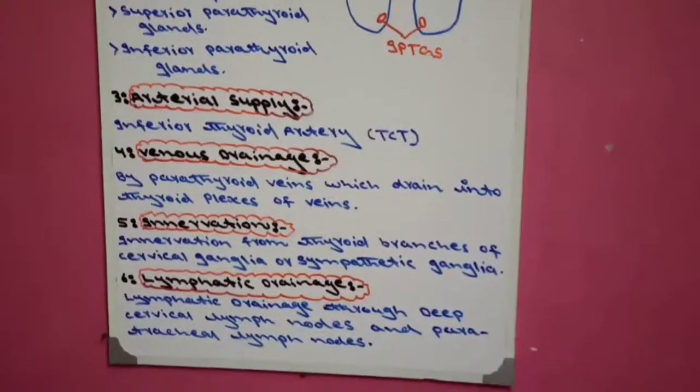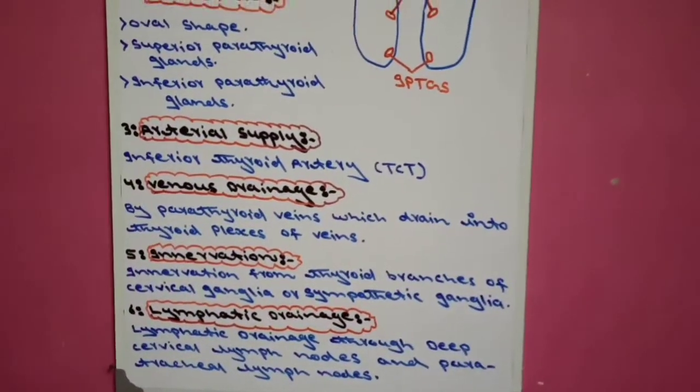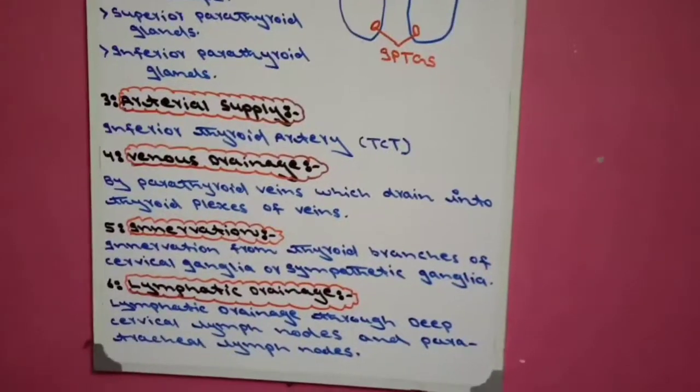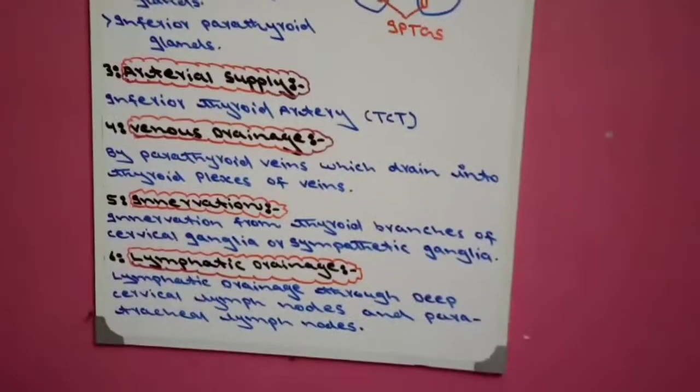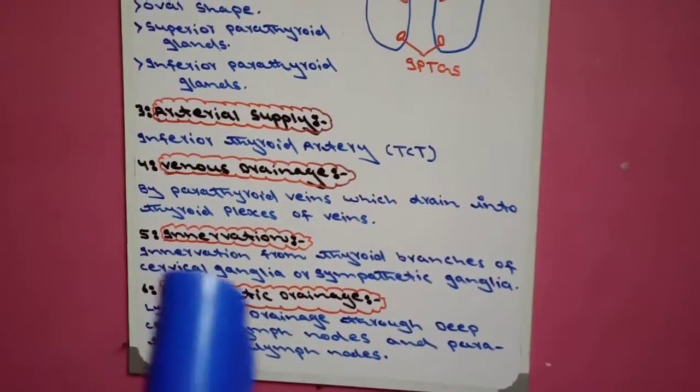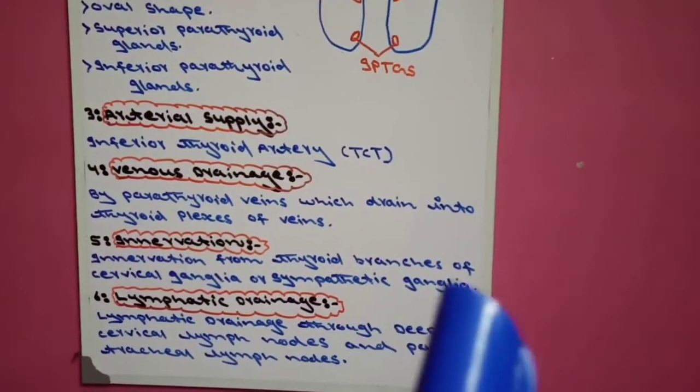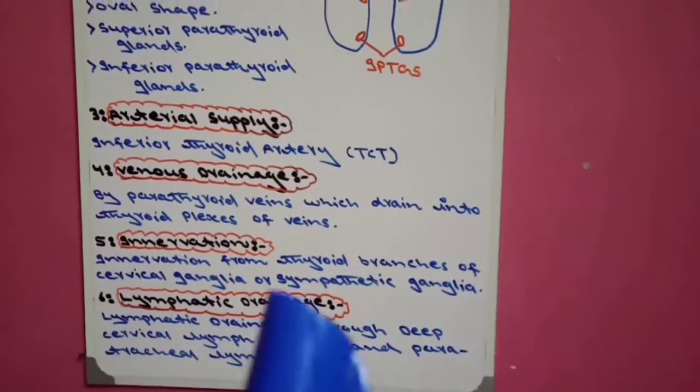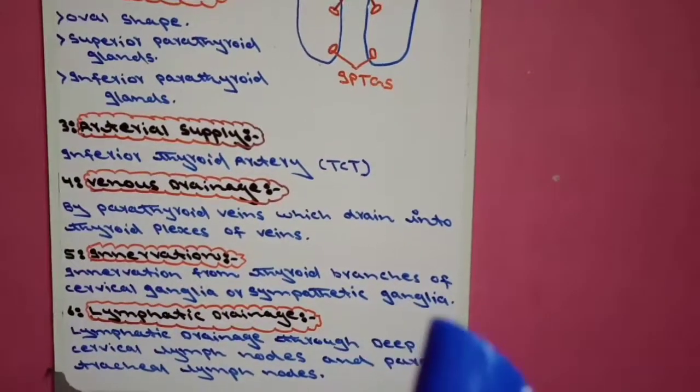These branches innervate the thyroid gland but also innervate the parathyroid glands. So innervation is from thyroid branches of the cervical or sympathetic ganglia. This is the innervation.